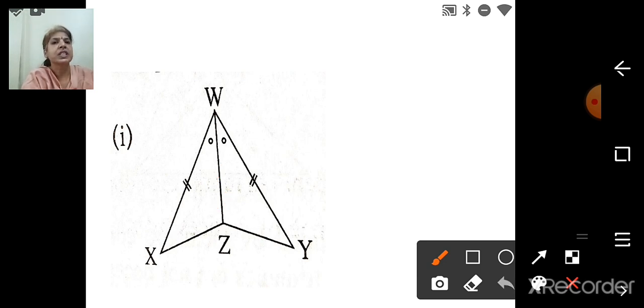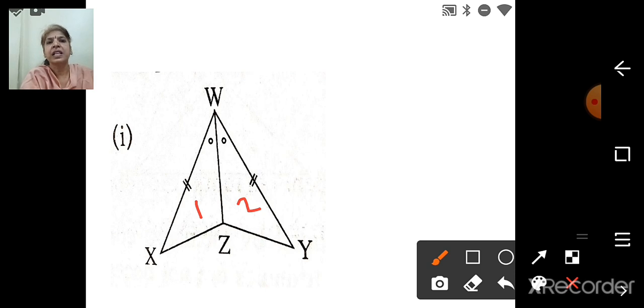So first thing is you are going to draw the figure. You will have the habit, but you will use a ruler and pencil. How many triangles are there, children? There are two triangles. This is the first one, this is the second one.